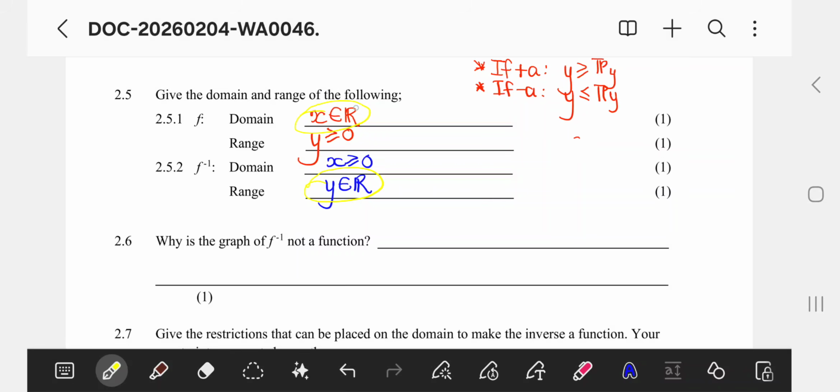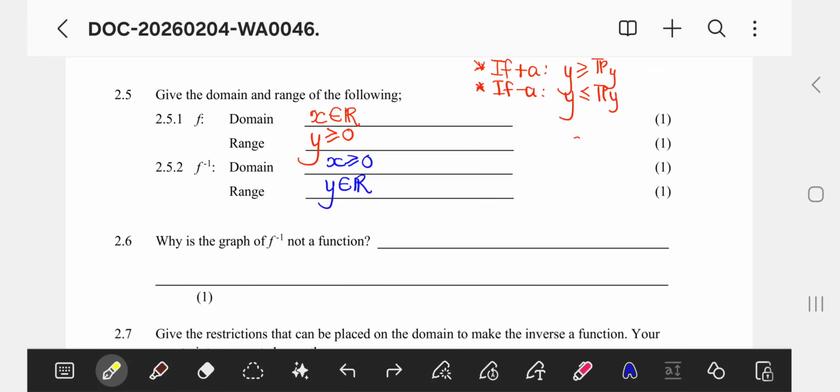Where we had x as an element of real numbers as the domain of f, the range of the inverse is now y is an element of real numbers. And the next thing for you to take note of is the range of f becomes the domain of the inverse. Notice here, the range of f is y is greater than or equal to 0, and the domain of the inverse is x is greater than or equal to 0. So all we do is we change this from y to x and we use it as the domain for the inverse.